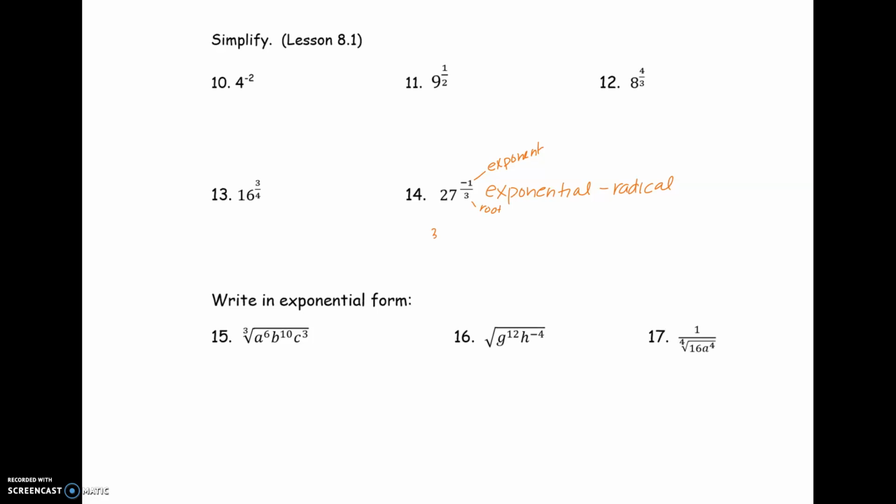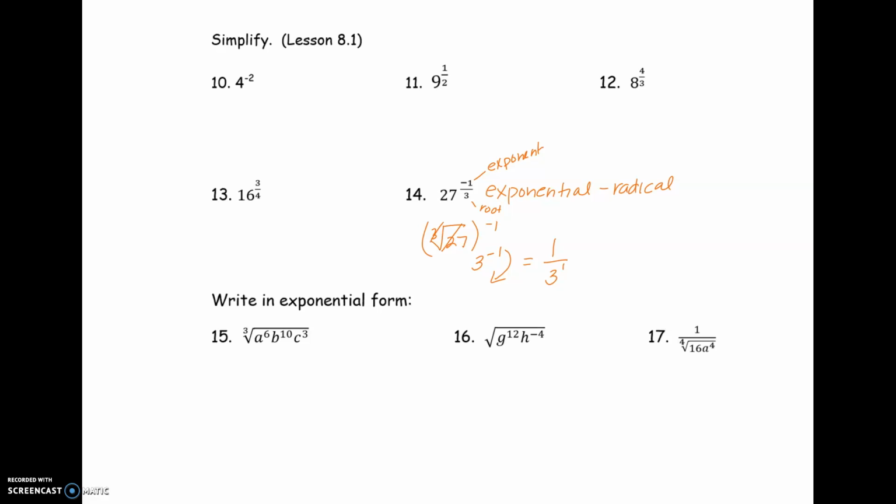So this becomes the cube root of 27 to the negative 1 power. If I look at my perfect cube charts, 27 is a perfect cube. It's 3, so now I have 3 to the negative 1 power. I am not simplified. If I have a negative exponent, it's going to drop to the bottom, so it's going to be 1 over 3 to the positive 1 power, or just 1/3, because that's what that means.